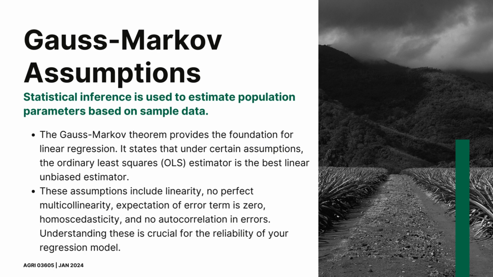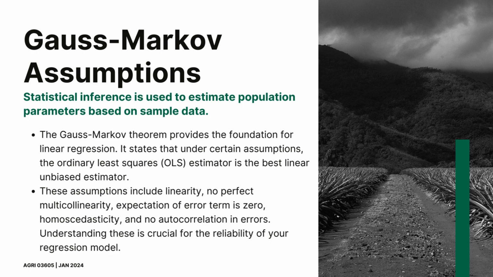The random sampling assumption states that the data used in the regression model should be a random sample of the population. This assumption is crucial for the generalizability of the model's conclusions. In practical terms, it avoids selection bias and ensures that the model's findings can be extended to the broader population.